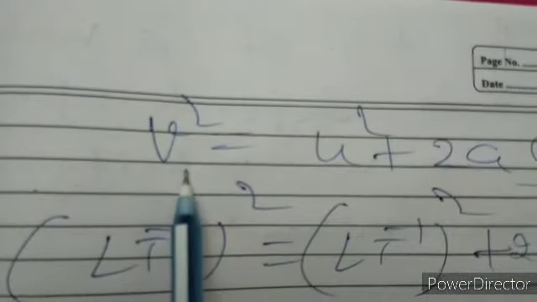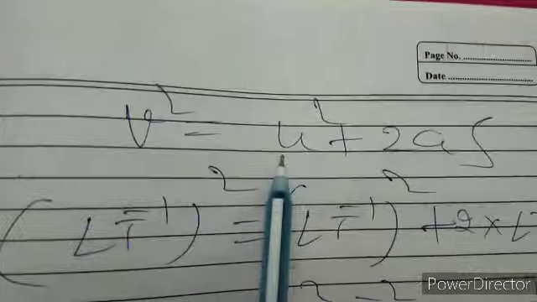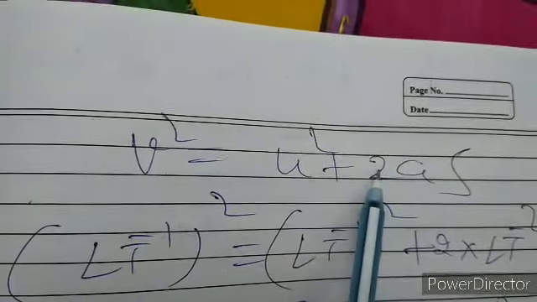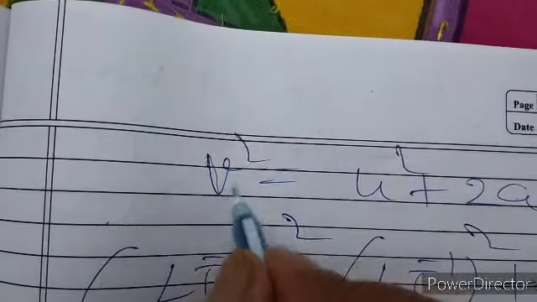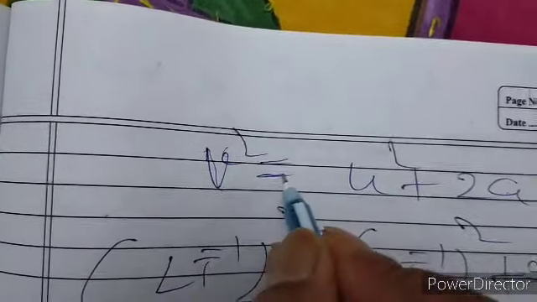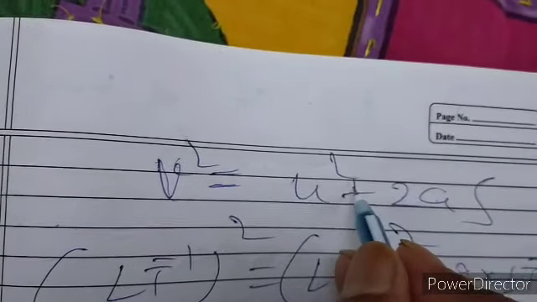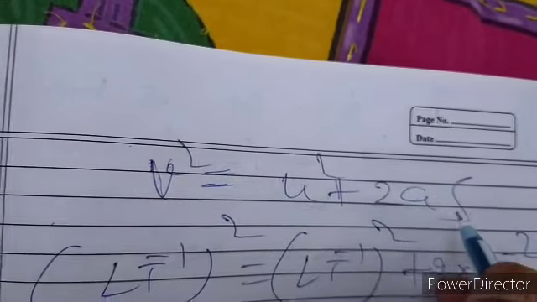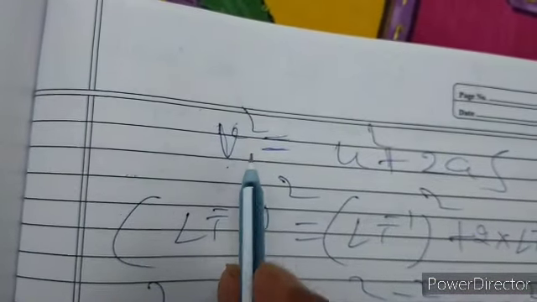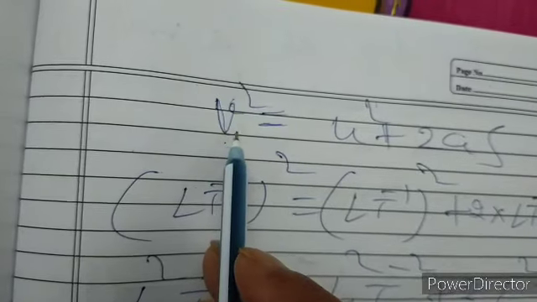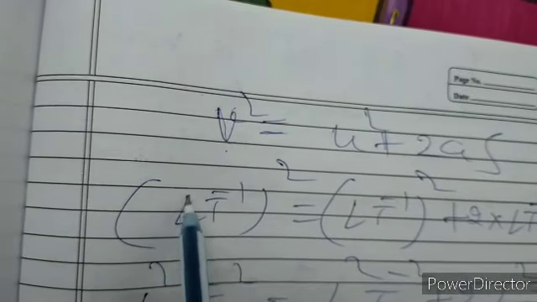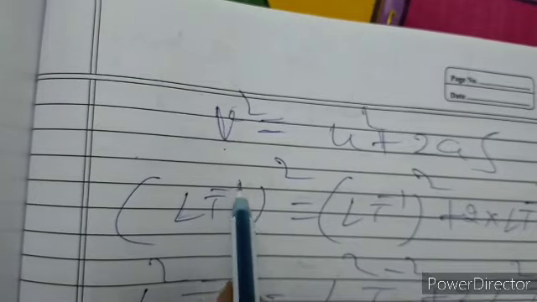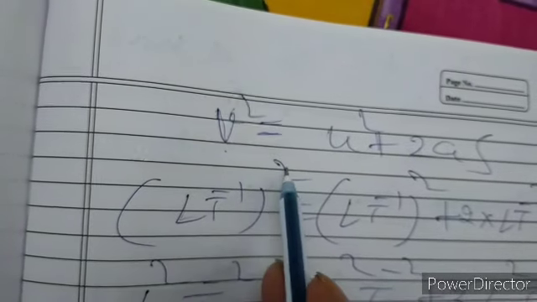Now, the third equation of motion: v square is equal to u square plus 2as. Now we have to check. Substituting the dimensional formula on both sides, the final velocity is (LT^-1) whole square.